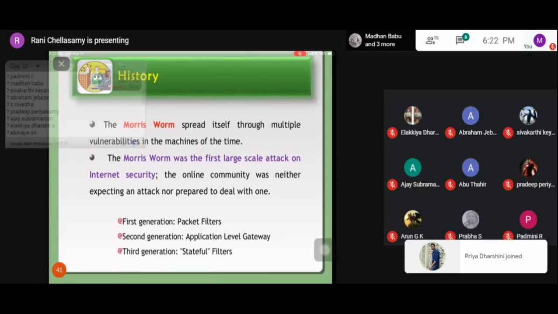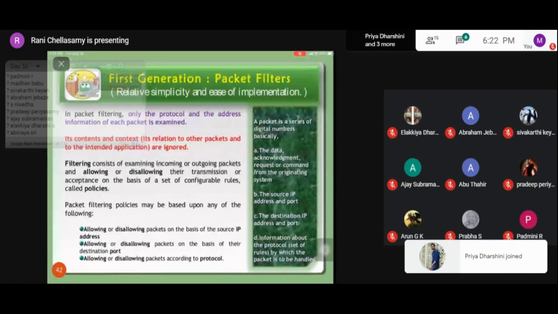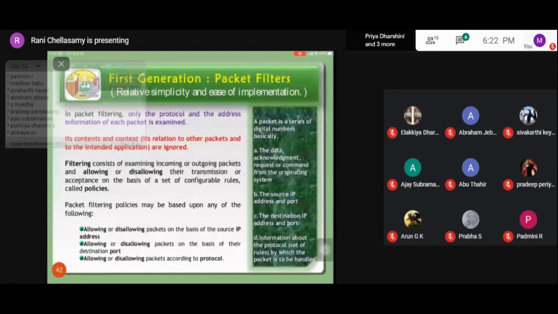Coming to the first generation, we call it the packet filter firewall. What do we mean by a packet? It is nothing but a series of digital numbers, zeros and ones.